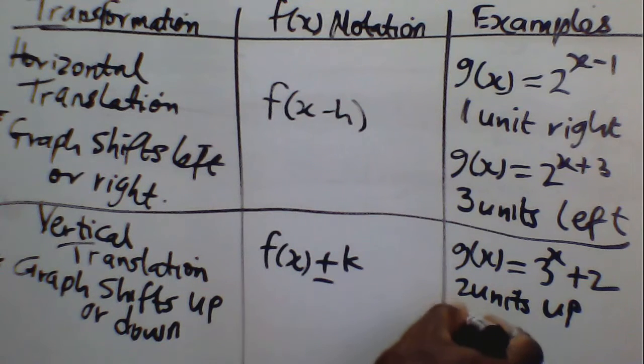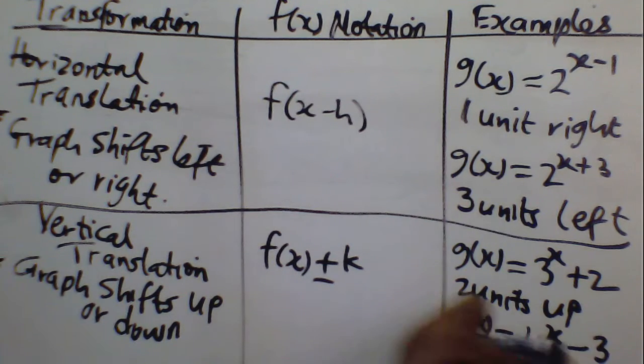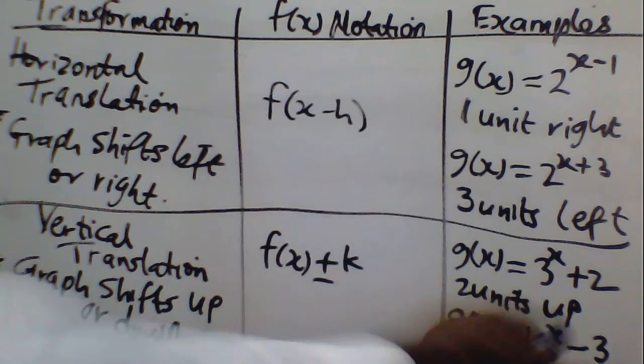So what if we have g of x equals 4 raised to power x minus 3? This 3 is not an exponent, just minus 3.